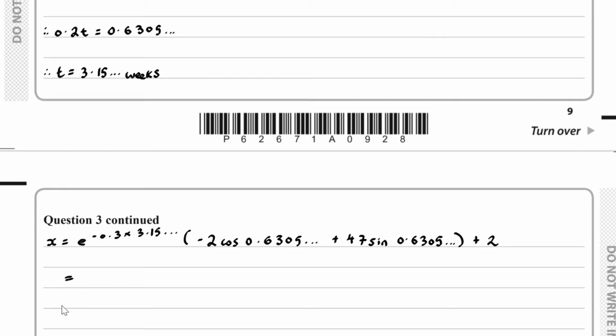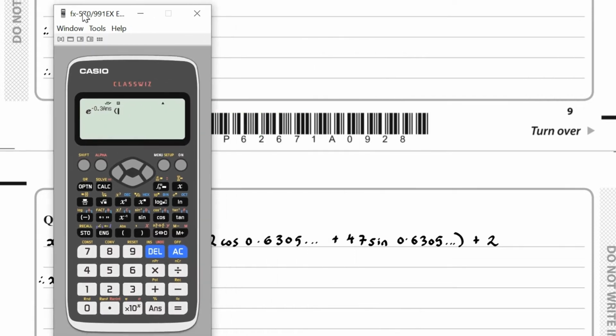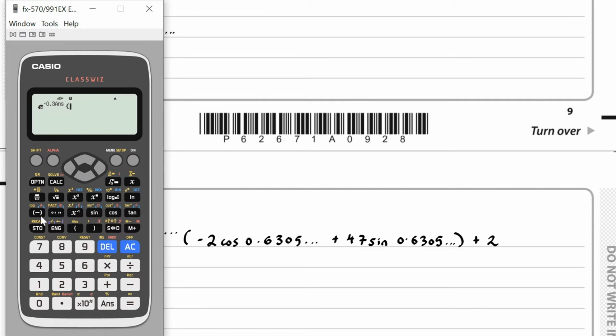So if we work this out using our calculator, we've got e to the power of minus 0.3 times by this, times by minus 2 times by the cosine of what we said a was, plus 47 times by the sine of what we said a was, and then we add on the 2.